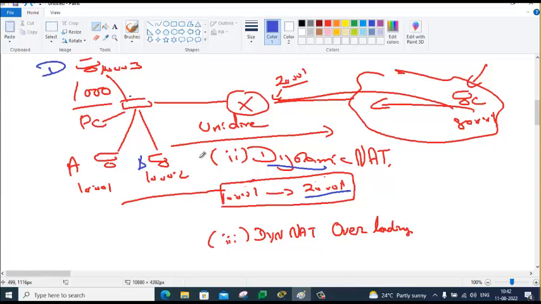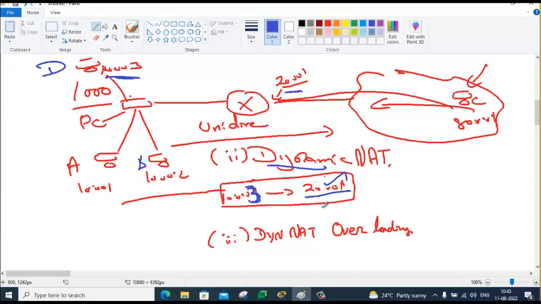Now, the drawback of dynamic NAT is this. I told you there is only one address we are giving. If you give only one address, and that address is given to D, let's say 30.0.0.3 is coming and wants to talk to C, it is mapped to this address. During this time, there is no other address for A or B to use. You understood?